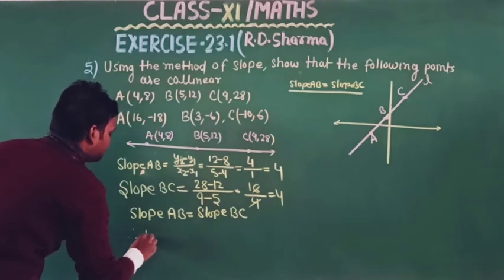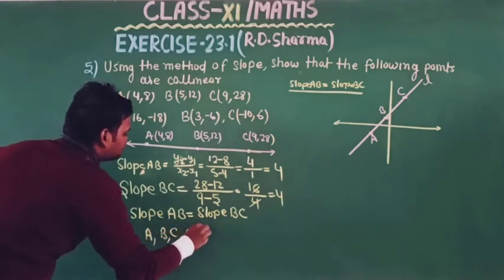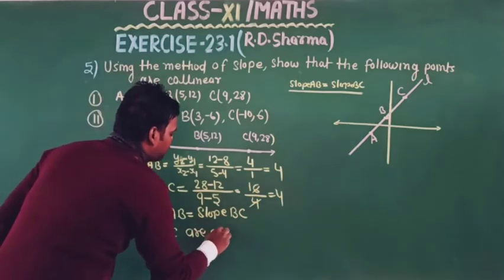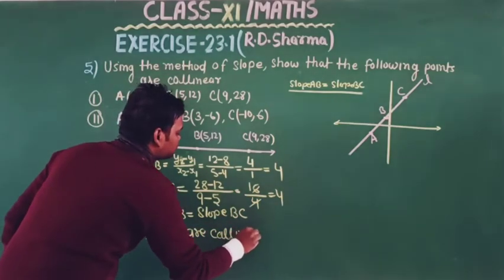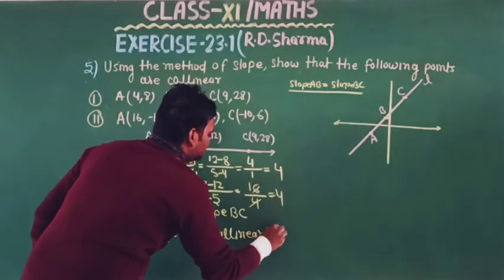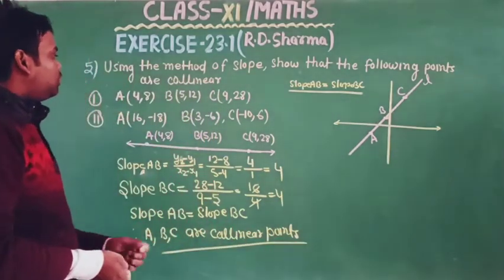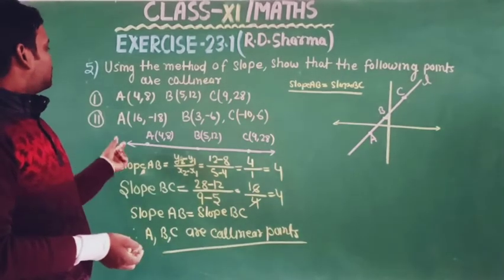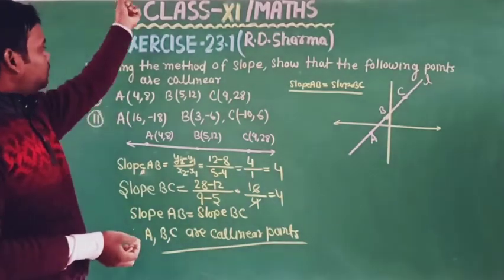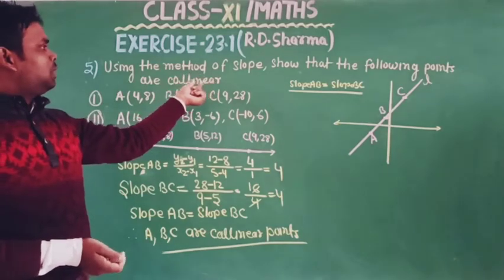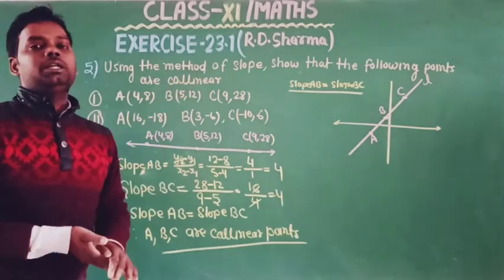Therefore we can say the given points A, B, C are collinear points. So we have shown the first part by using the method of slope.